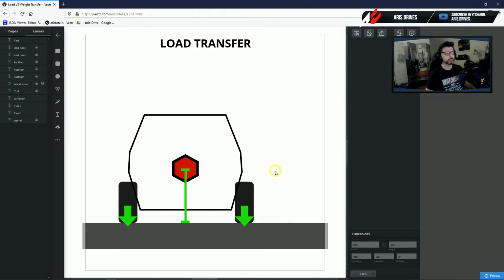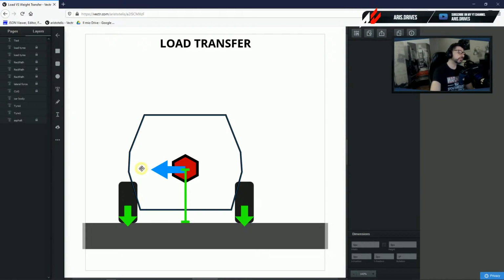In the turn, the car accelerates because it rotates and makes a different line to turn around. So it has a lateral force, and that force is acting on the center of gravity.